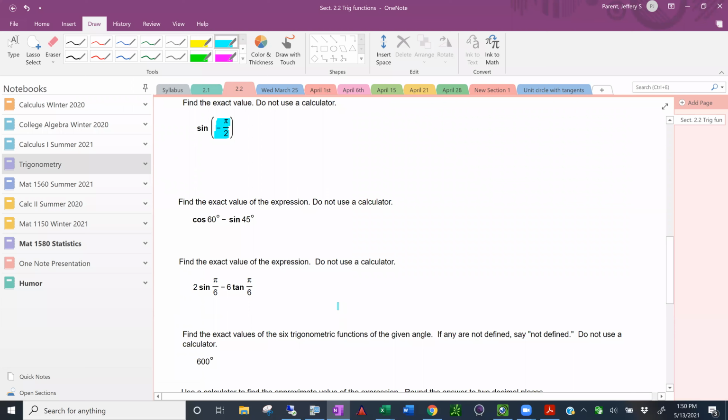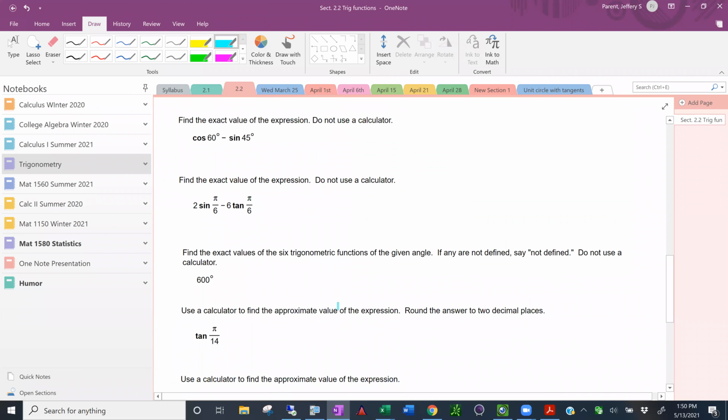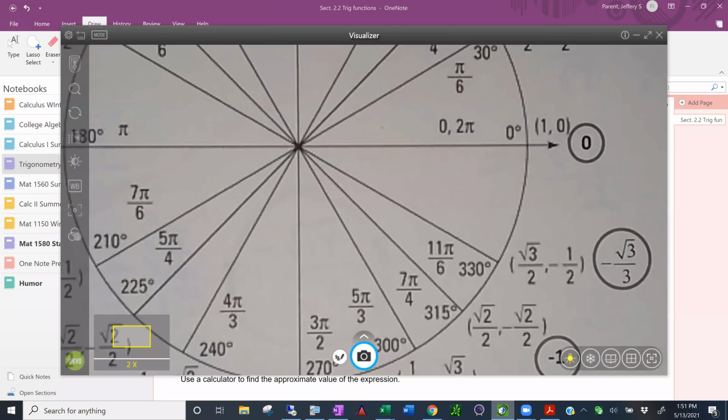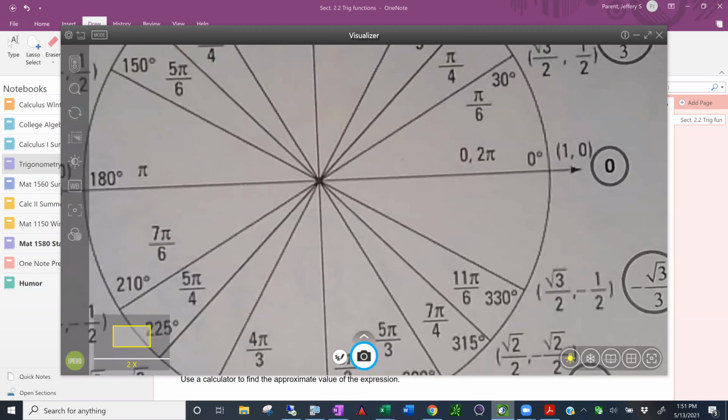But some of these don't work out to be nice, even numbers. So what's going to go on when I have 6 times the tangent of pi over 6? Well, let's see if we can't enlist the help of our unit circle sheet to figure some stuff out here. So pi over 6 is this angle right here.